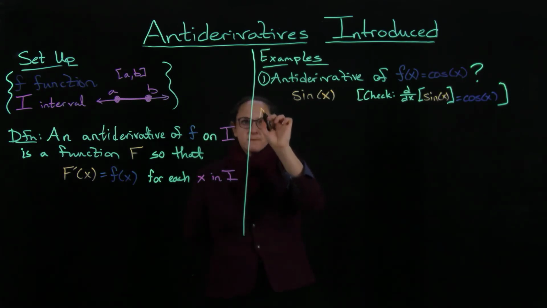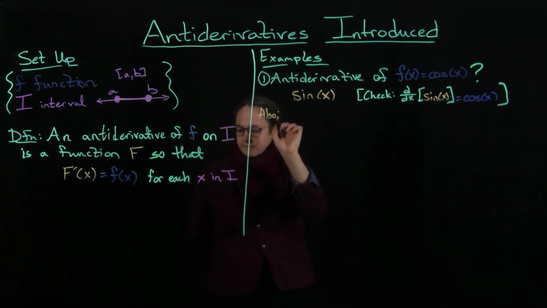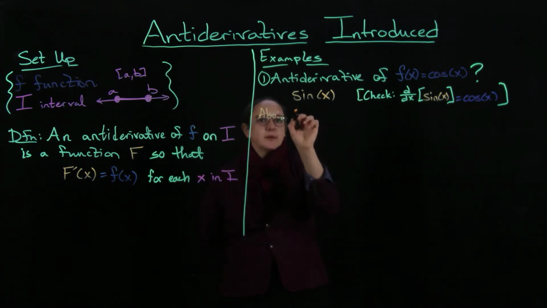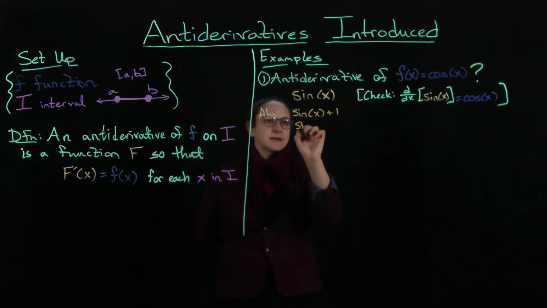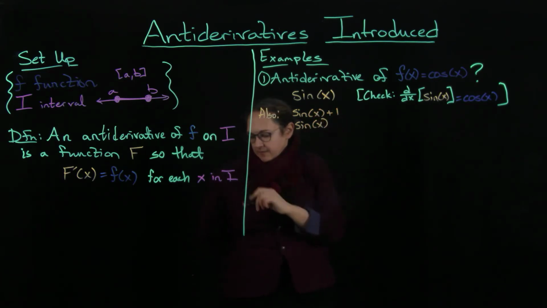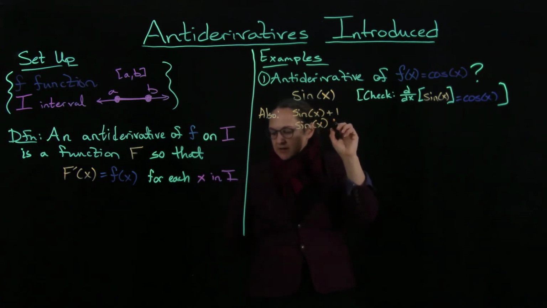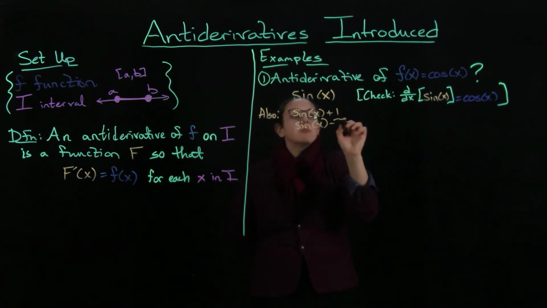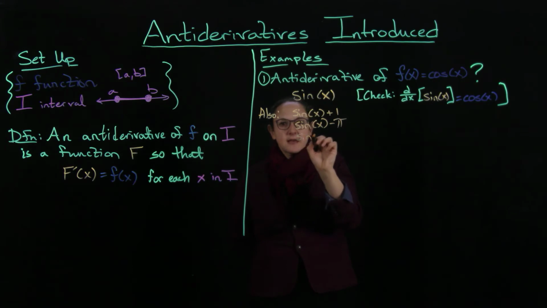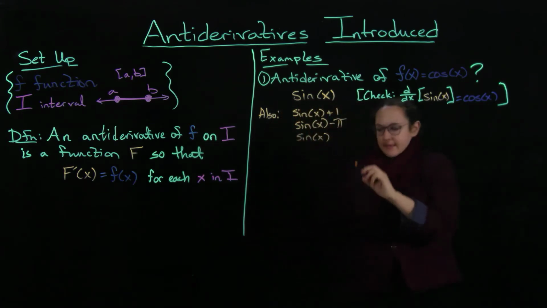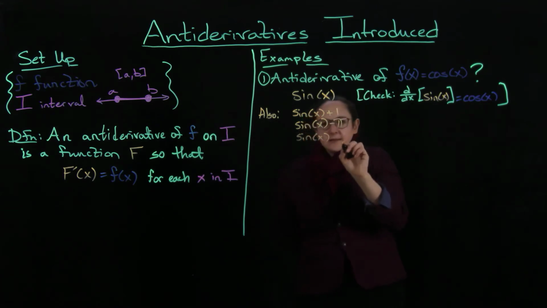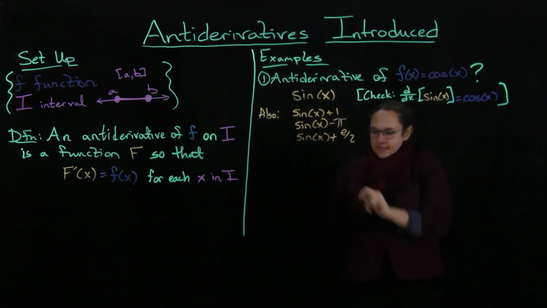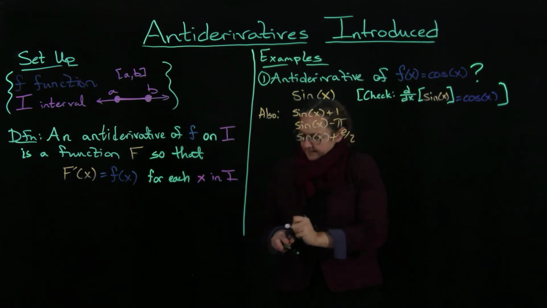So also, I could take, for example, sine of x plus 1. Maybe I'll do the same ones as I have in my notes. So I have this, maybe I will subtract pi. Maybe I will take sine of x plus e over 2, for example. Okay, so I could do that. I could add any constant and I would still get this, right?